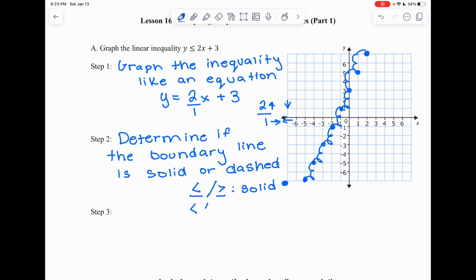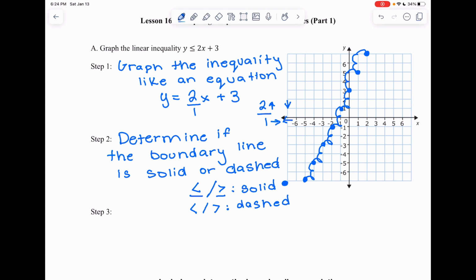But if our inequality sign does not have a line underneath it, our boundary line will be dashed. And that tells us that we cannot have points on the boundary line as solutions because the inequality sign tells us that our values either have to be greater than or less than the points on the boundary line.